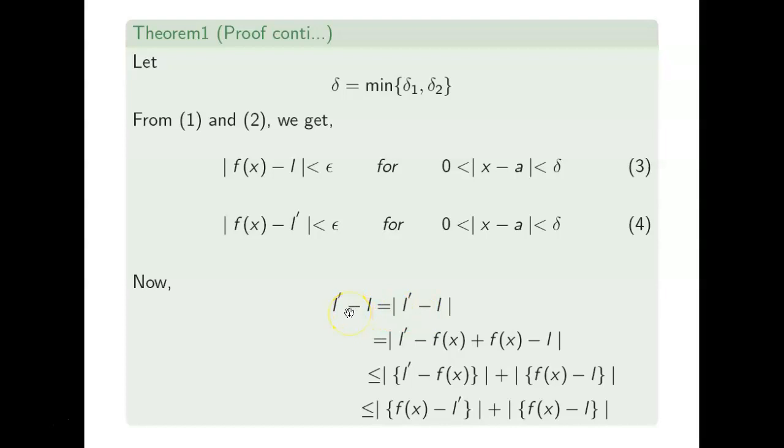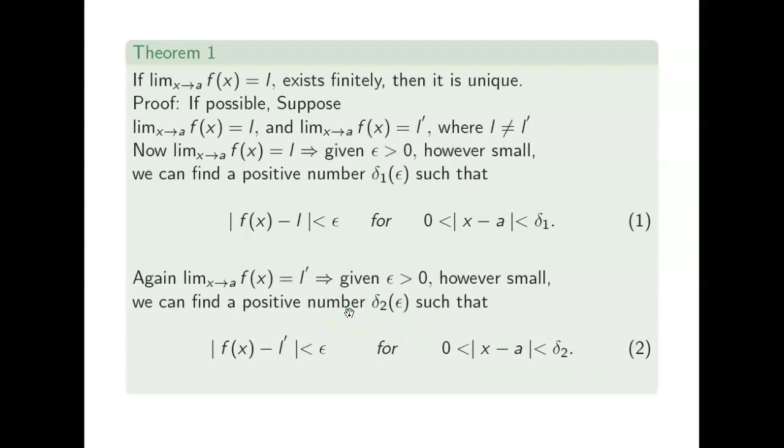L is in the very start of the theorem. If you go to the back slide, we have assumed that L is not equal to L dash.